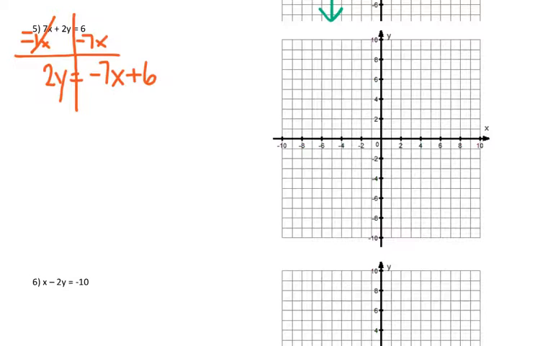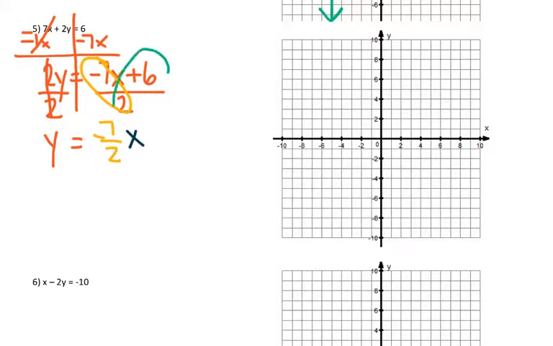And the next step is that we need y by itself, so we divide by 2 on both sides, and 2 divided by 2 is 1, so we get y equals, which is what we wanted, and then my slope is going to be -7 over 2. I have my x there, and my y-intercept is going to be 6 over 2, which simplifies to be 3.